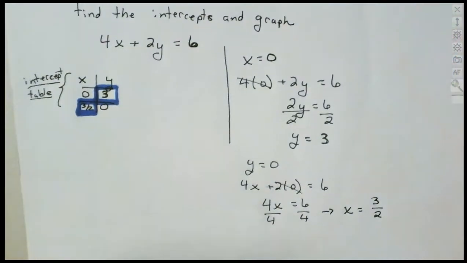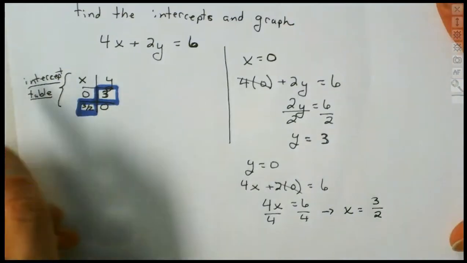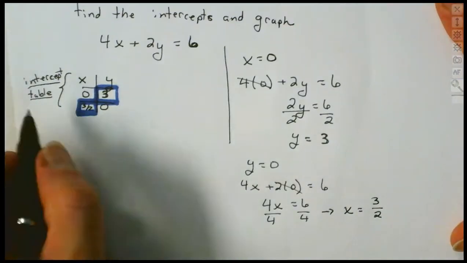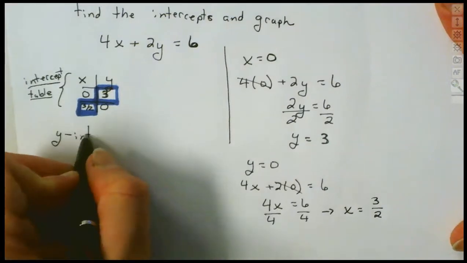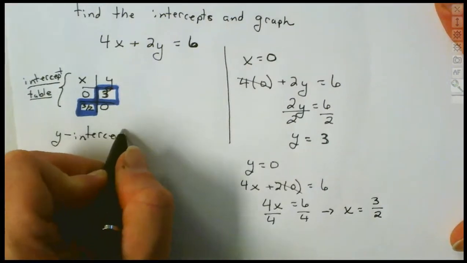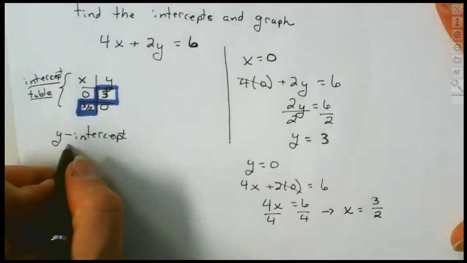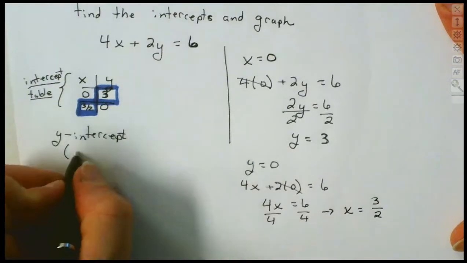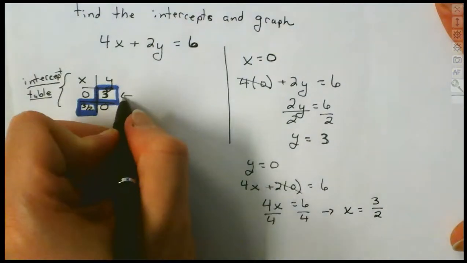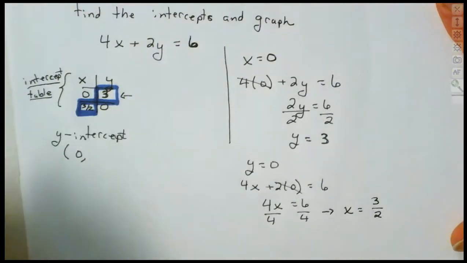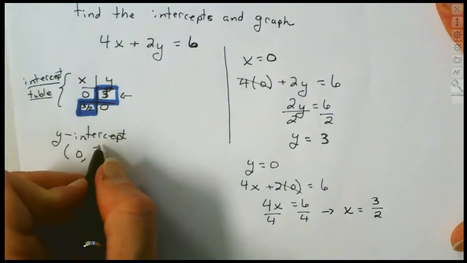Now, what do our points look like? We want to find those intercepts. So we're going to start with, in this case, our y-intercept. You can do either one, but what's your y-intercept look like? Now, your y-intercept is going to be 0, comma, some number. So that's this one right here. So that's 0, comma, 3.